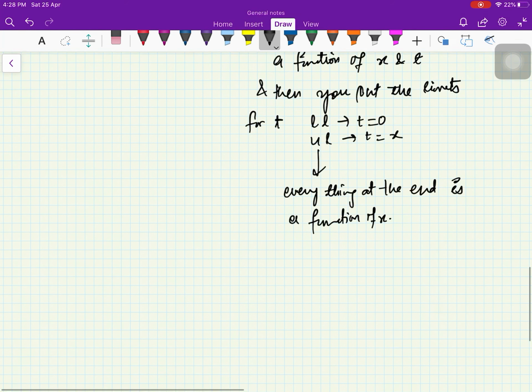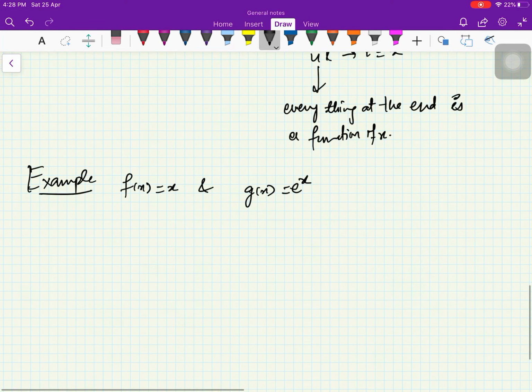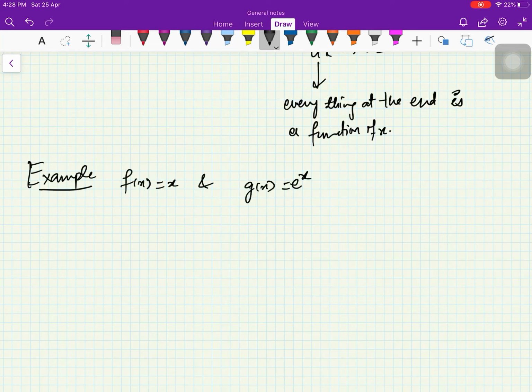So let me give you an example of how we define a convolution. Suppose I give you a function, say f of x is equal to x and g of x is equal to e raised to power x. What is f star g?